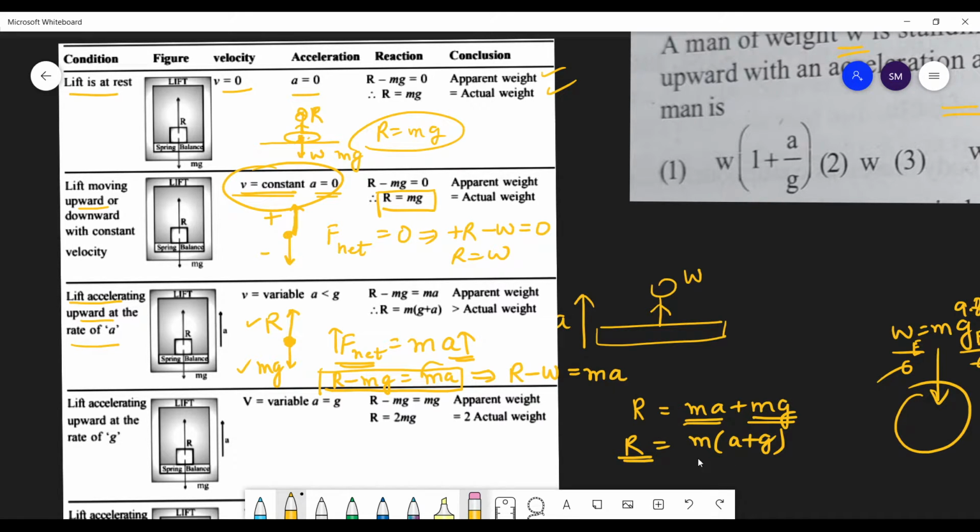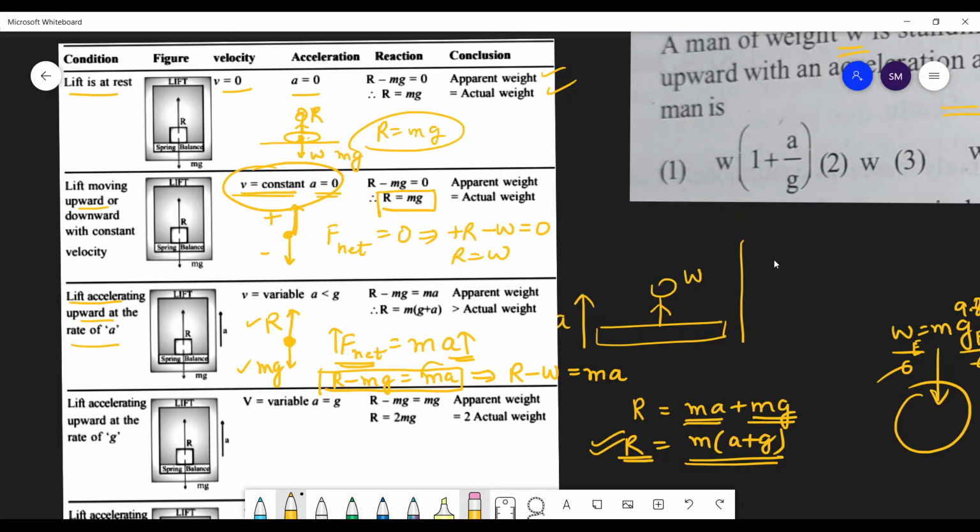So it will be showing the greater weight in the machine. Okay. So the weight shown by the machine is m into a plus g.